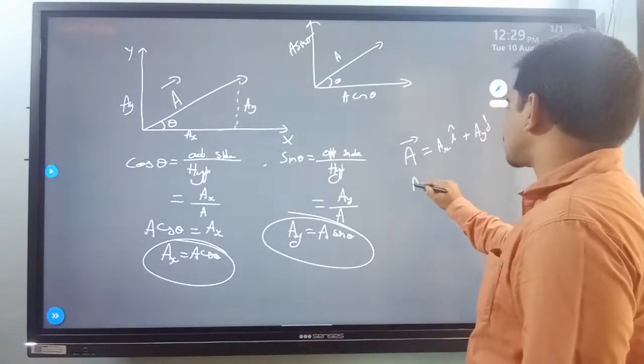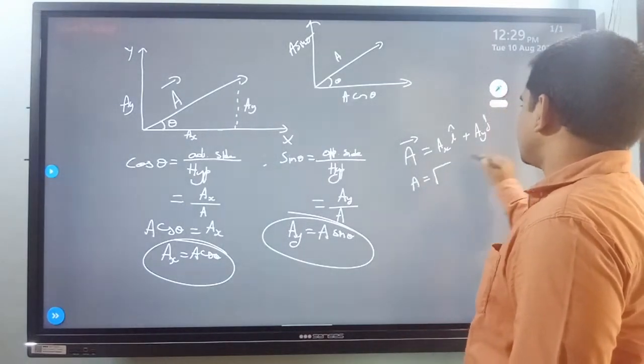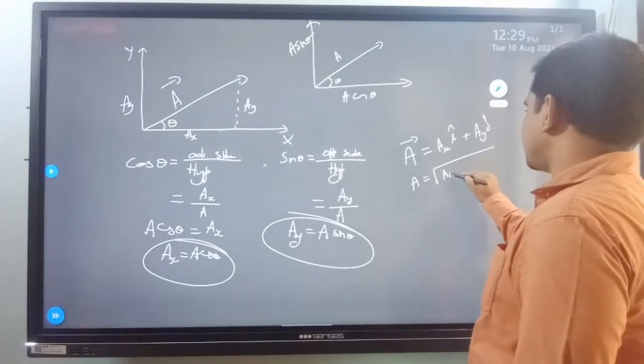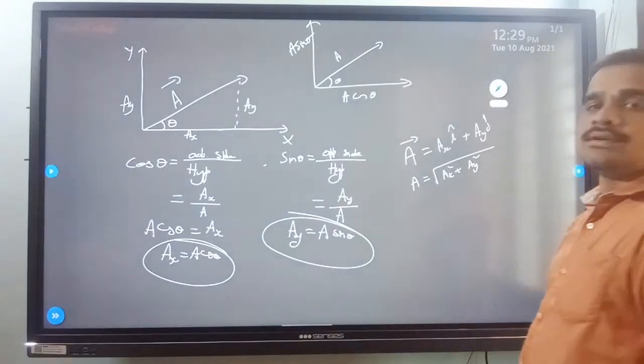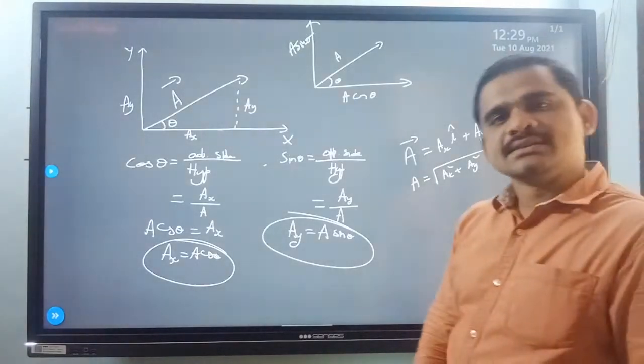What is the magnitude of this one? Root of Ax square plus Ay square.